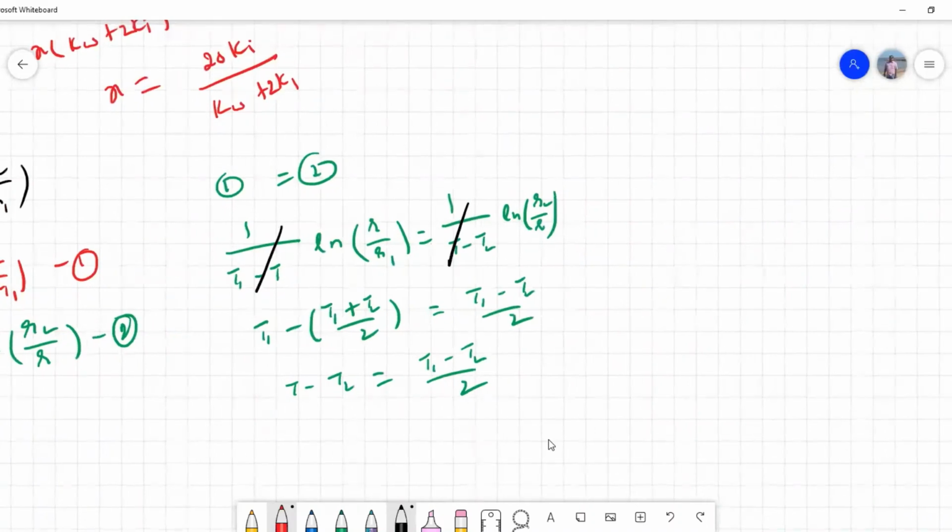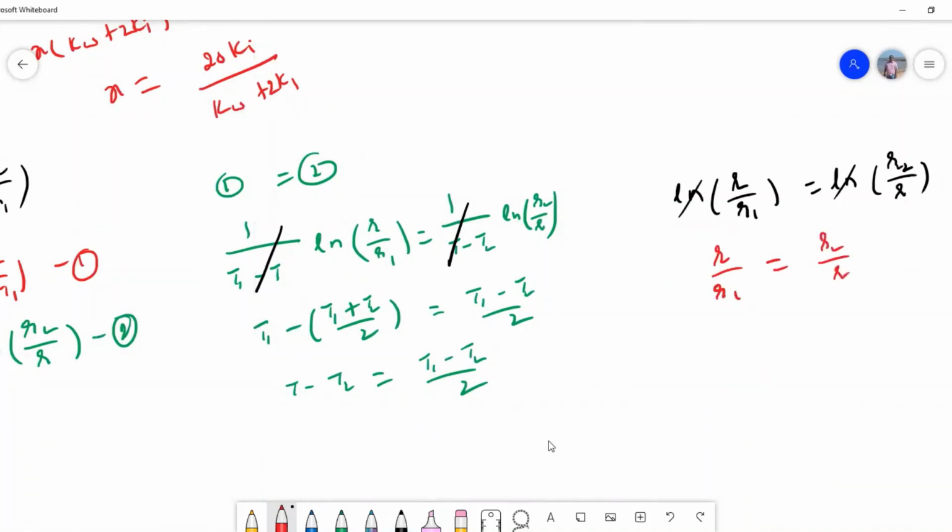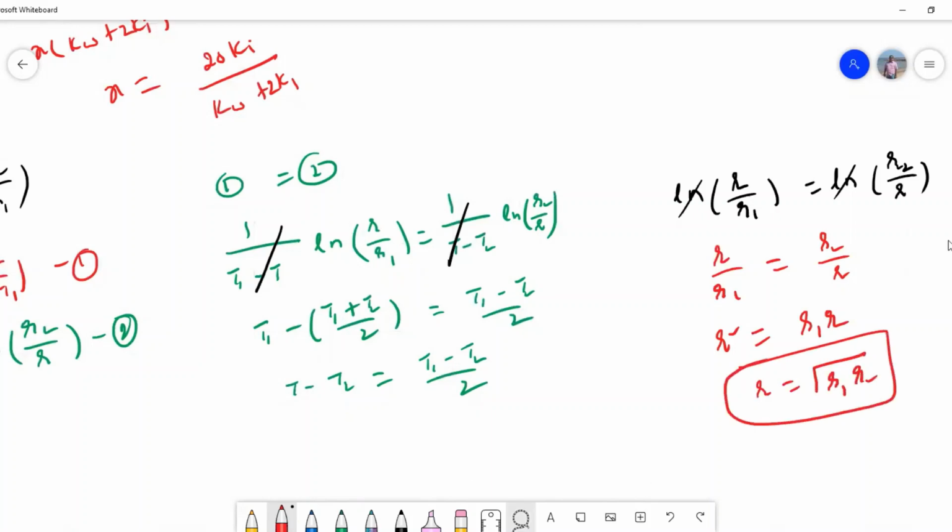So ultimately I'm left with ln of R by R1 is equal to ln of R2 by R. So ln also cancels, and I'm left with R by R1 is equal to R2 by R. So R square is equal to R1 R2, R is equal to square root of R1 R2. A very, very standard relation.